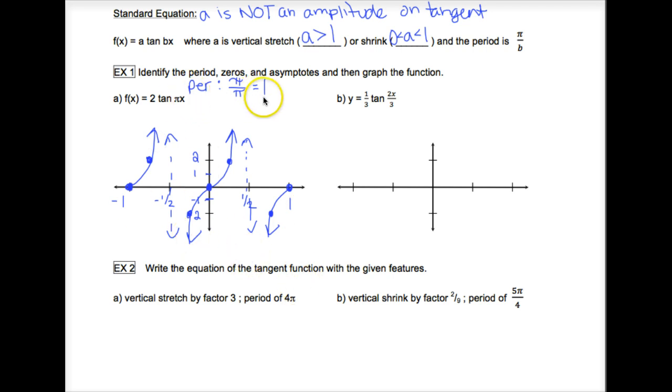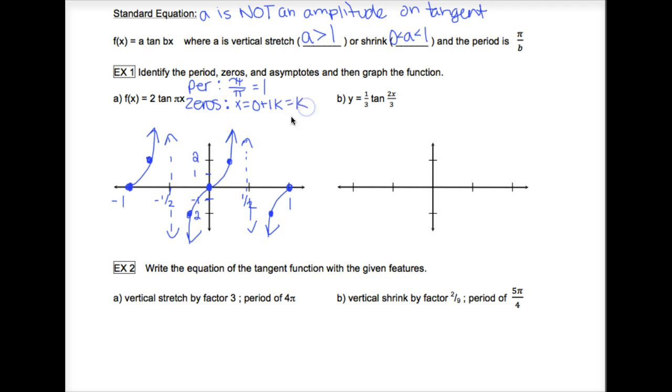I've identified the period. I also need to identify the zeros and the asymptotes. So same pattern. First plus period times k. So x equals first plus period times k. 0 plus 1k is just k.